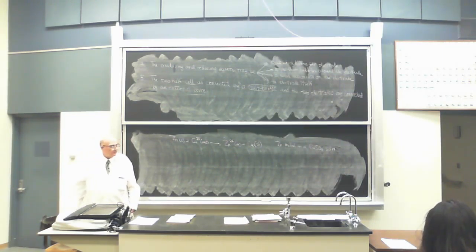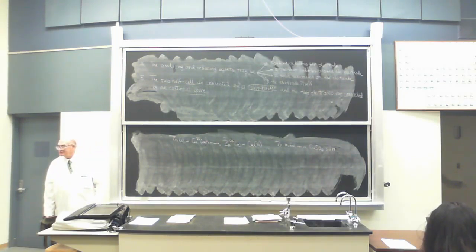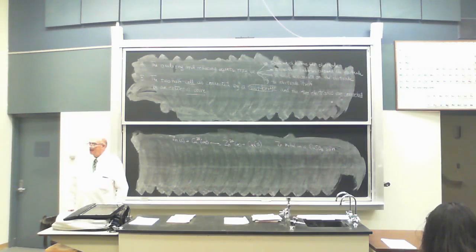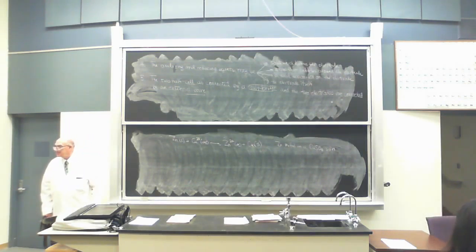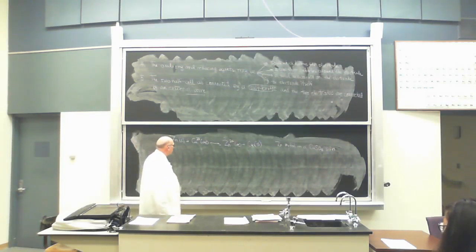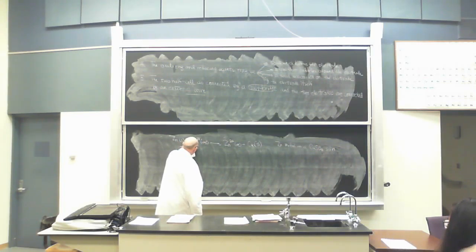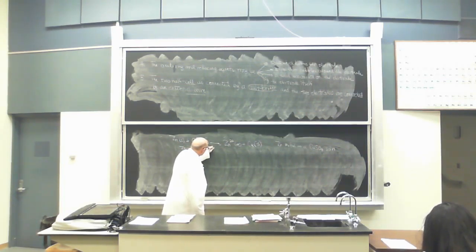And electrons are transferred, and what happens? The zinc dissolves, you get zinc ion, and the copper comes out of solution. The copper ion is changed to copper, so I mean you got two half reactions. Zinc going to zinc ion, and you got copper ion going to copper.